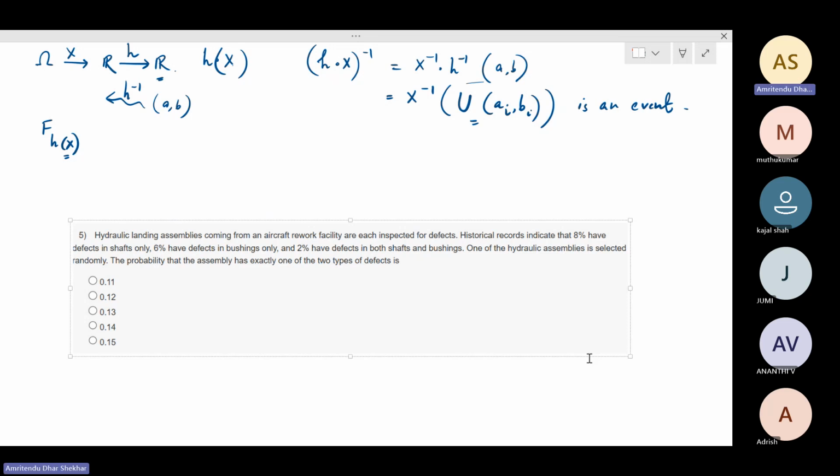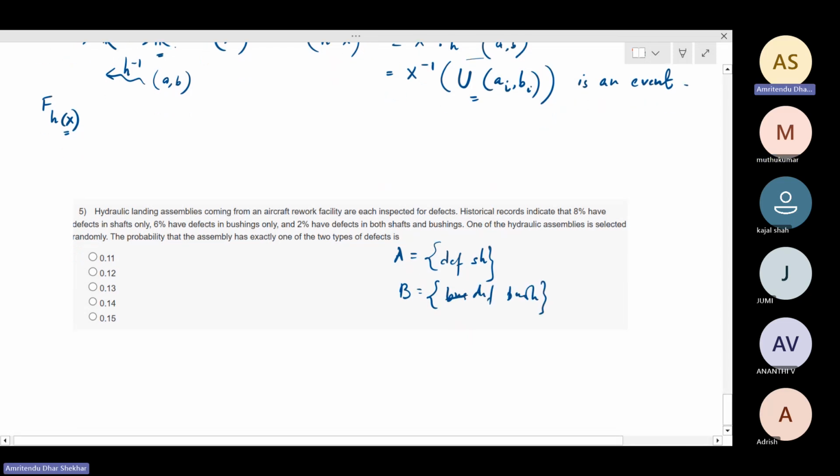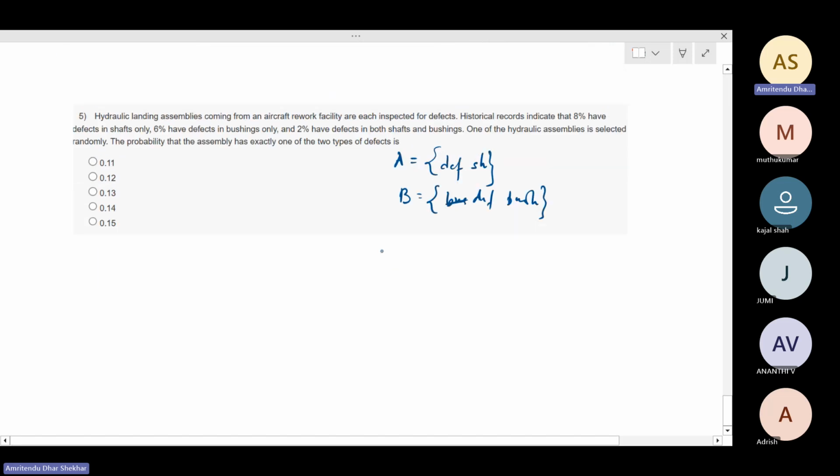Well, the way you solve this is as follows. You define an event A, which is a defect in the shaft, and you define B, which is a defect in the bushings. Now what is given to you is that A has a probability of 0.08, B has a probability of 0.06, and the probability of A intersection B is 0.02.